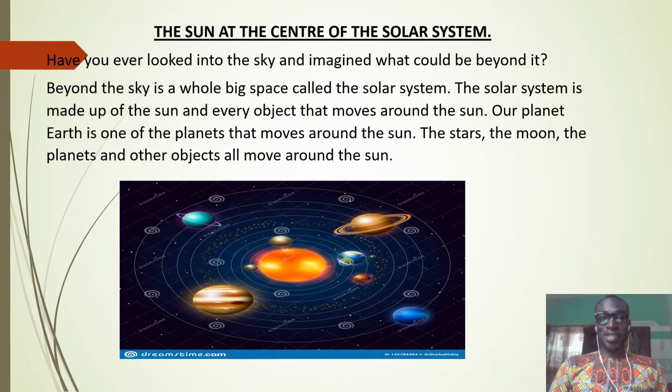The solar system is made up of the sun and every object that moves around the sun. Our planet Earth is one of the planets that moves around the sun.